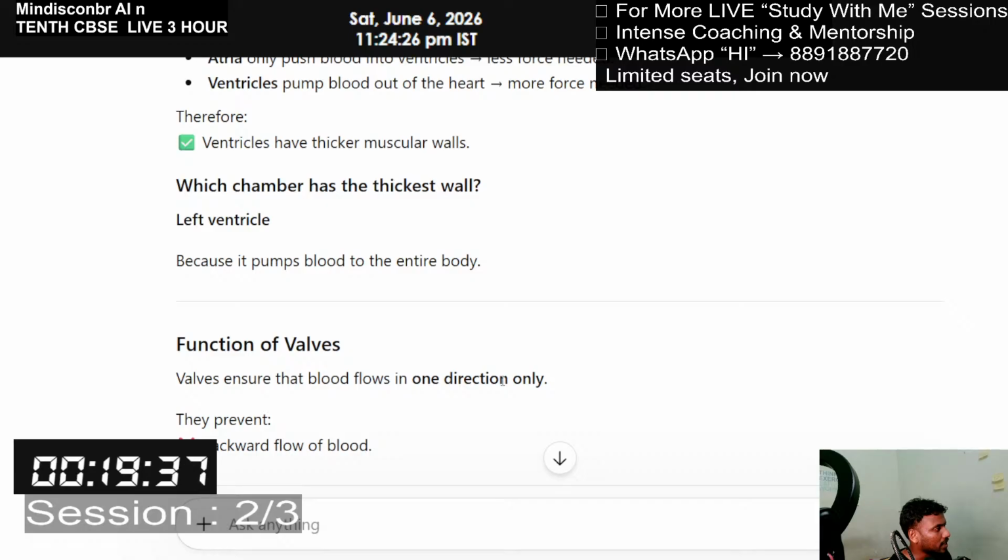Which chamber has the thickest wall? Left ventricle, because it pumps blood to the entire body. And the left ventricle has the thickest wall, because here you can see the thickness in the figure.